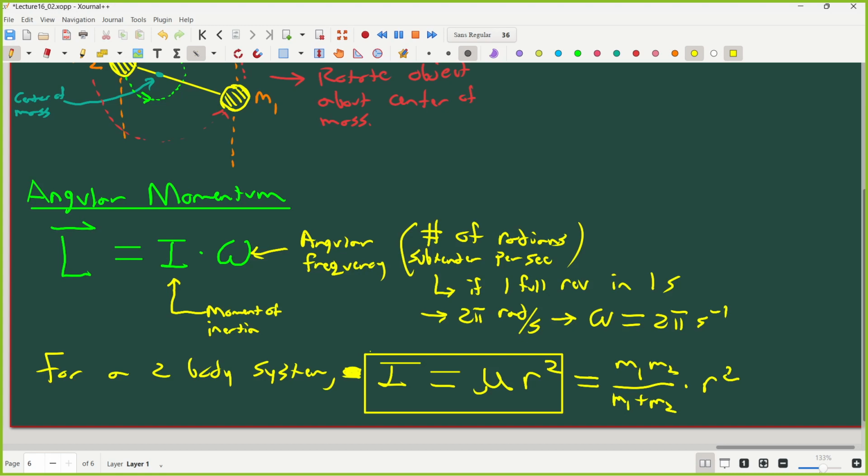Now, in the case of our electron and our proton, the mass of the proton is 1,000 times the mass of the electron. So this number looks a lot like 1 over the mass of the proton. The electron's size is very, very tiny compared to the proton. The proton really determines the moment of inertia for this.